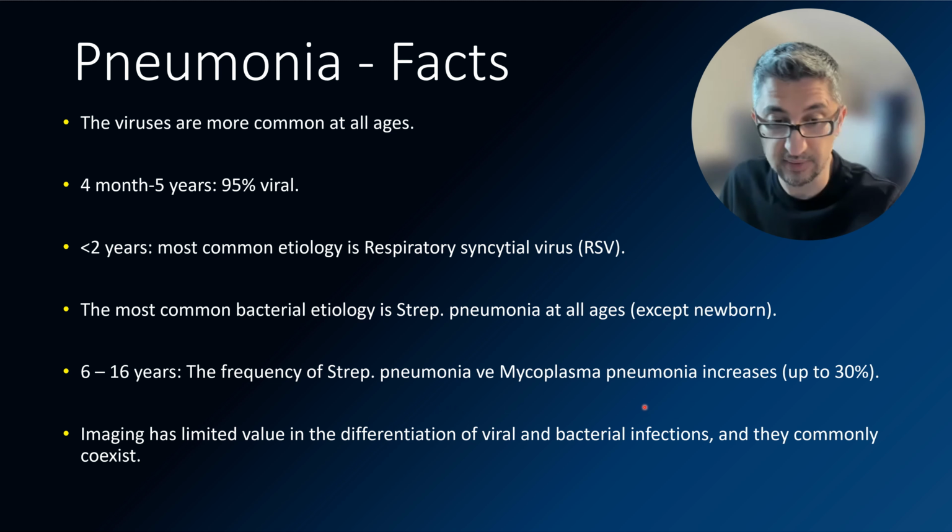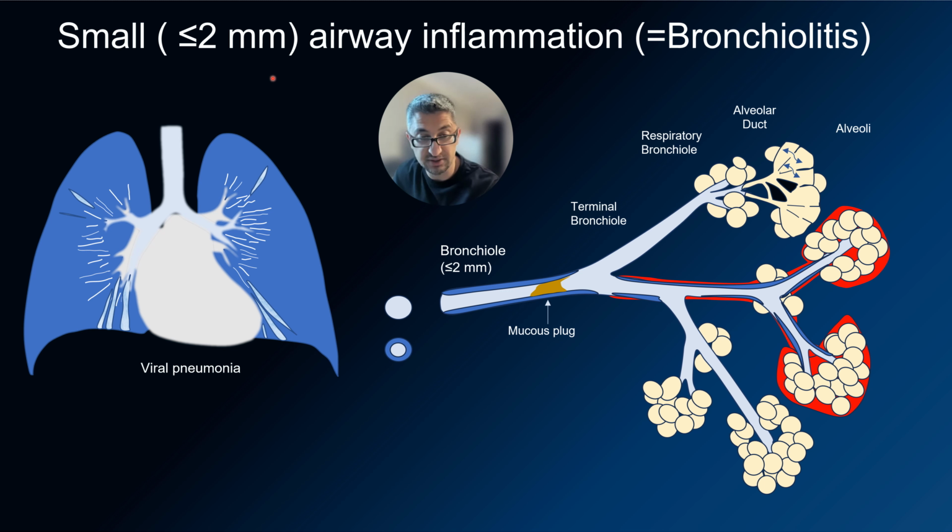Viral pneumonia is more common, so let's start with the pathogenesis of viral pneumonia. We see bronchiolitis in viral pneumonia, which means small airway inflammation that is 2 mm or under. You can also call it lower airway inflammation. Basically, we see bronchial wall thickening, which means when there is inflammation, there is narrowing of the lumen, and the narrowing of the lumen will be exponentially higher when you think in the cross-sectional area.